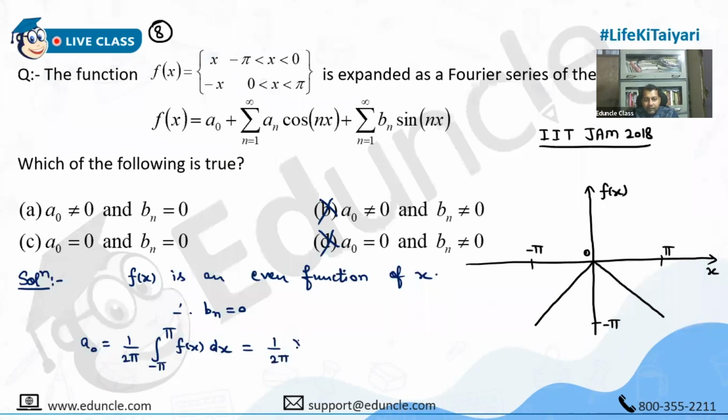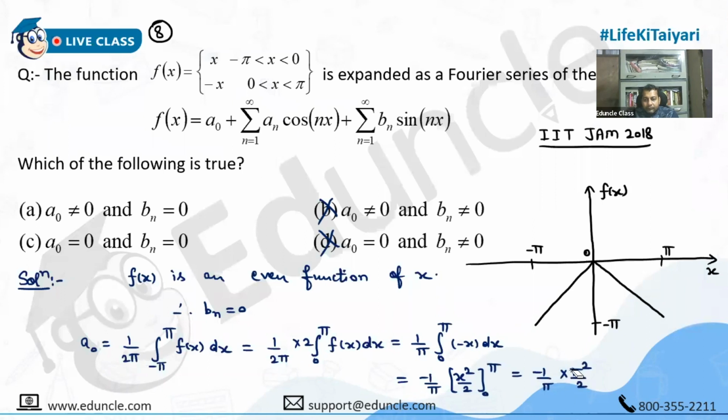Because this is an even function, so can I write it twice 0 to pi f(x) dx? So which is non-zero, so it means A option is correct.